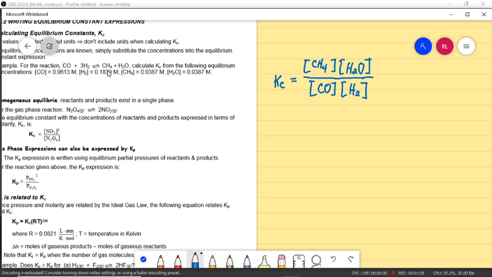Okay. Don't forget to write the exponent or the power to which the concentration is raised. Okay, so you have here 3.